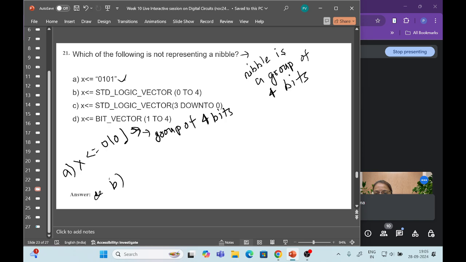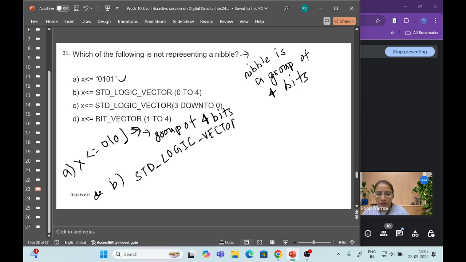Now check option B. Option B is std_logic_vector 0 to 4.